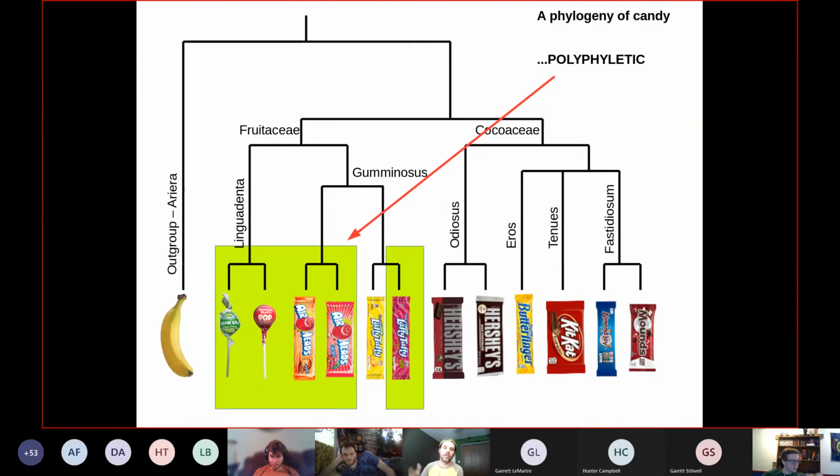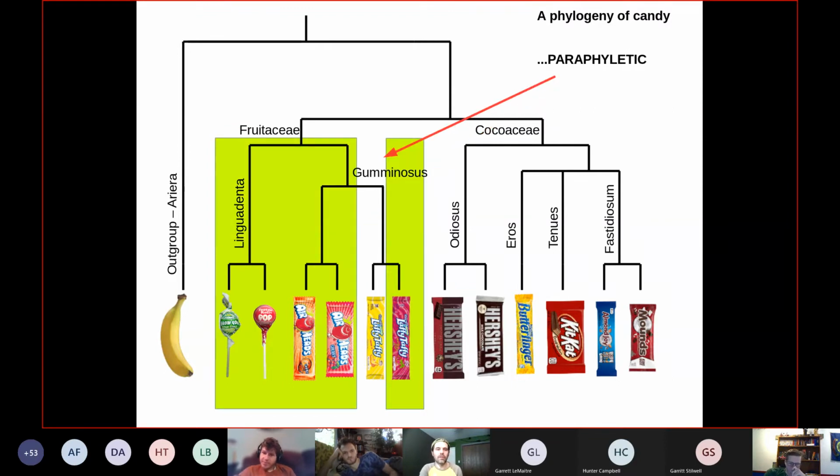And so we've accidentally put them in the wrong group, and we've not got a monophyletic group there. So paraphyletic and polyphyletic is actually just a designation of an error. It just means the mistake you're making is pretty much the same with either one of those. It means that you're accidentally leaving out at least one descendant that should be in that group.